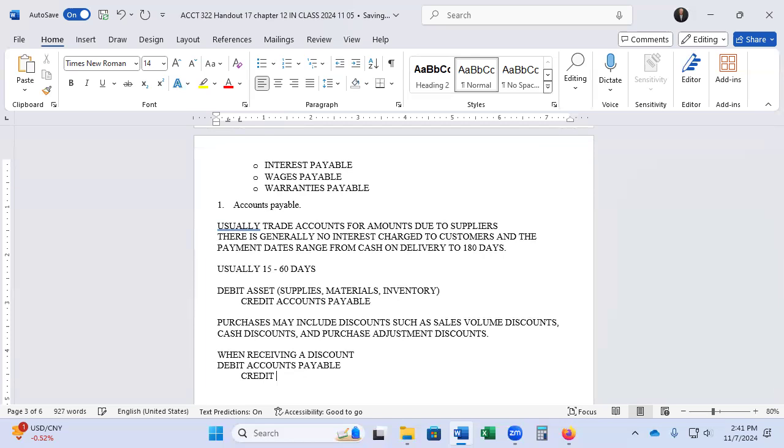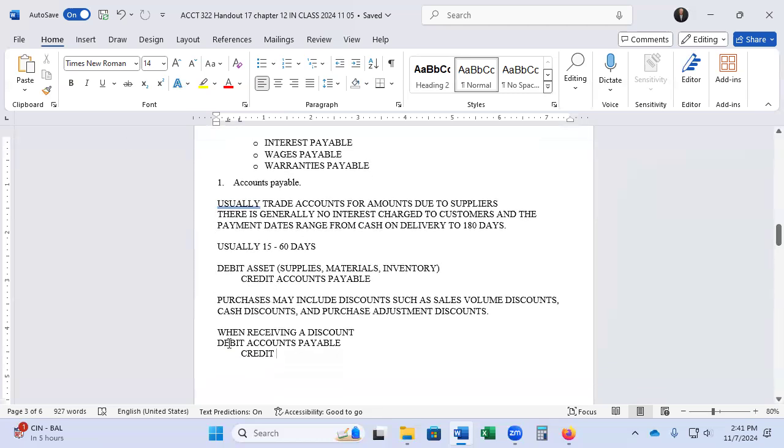No, that's not right. Now that would only be if it came after. Give me 1 second. When receiving a discount, you're going to credit because we didn't pay for it yet. So we're reducing our accounts payable and usually crediting an asset account, supplies, materials, inventory, etc.